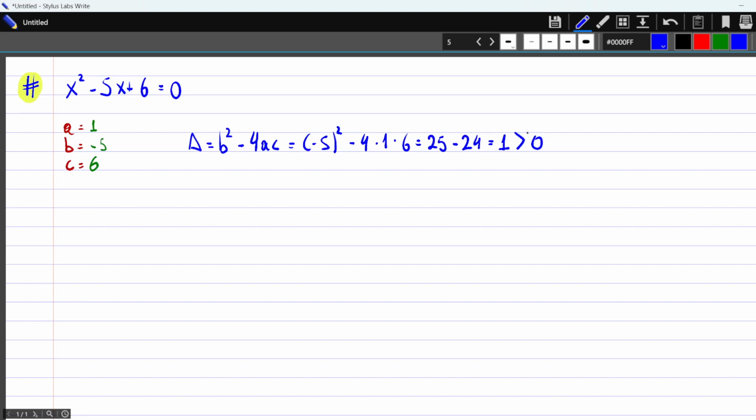So we are in the case where delta is greater than 0, which means that we have two different real solutions, which are given by the formula x1,2 equals minus b plus minus square root of the discriminant divided by 2 times a.